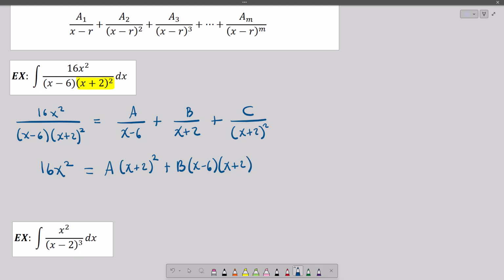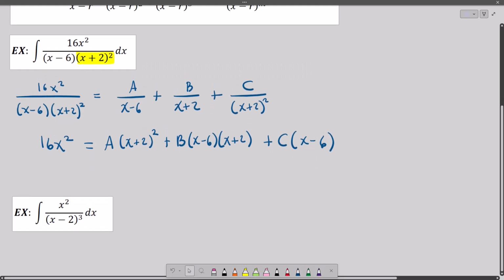This gets multiplied over here, and the x plus 2 squareds cancel, and you're left with an x minus 6 as the only factor left up there. Okay.